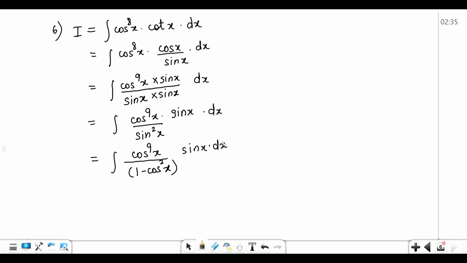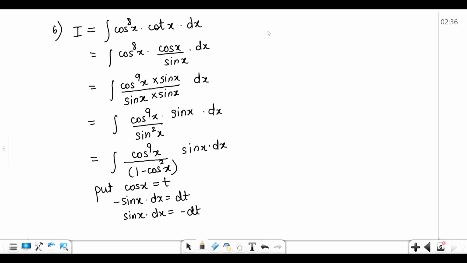That is why I have purposely multiplied the numerator and the denominator with sin x. So we'll substitute cos x equals t, so the derivative of cos x, minus sin x dx, equals dt. But we don't have the minus sign, so we'll shift the minus to the other side, which gives minus of dt.